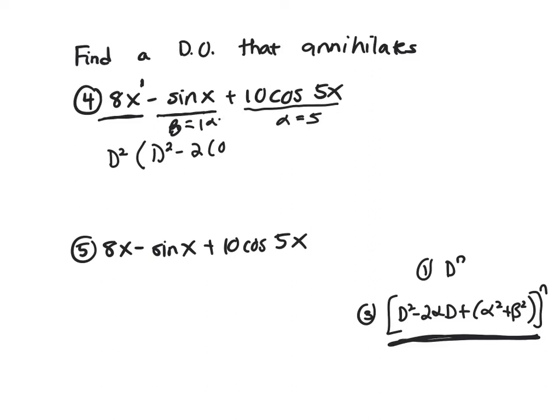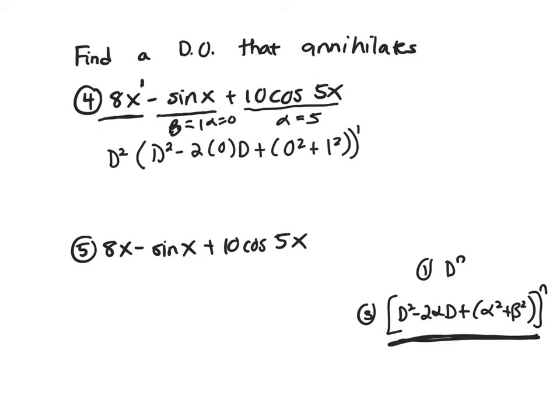Beta's 1 and alpha is 0. Alpha is 0 because you've got e to the 0x assumed in there. All right, so I've got d squared minus 2 alpha being 0, d, plus alpha squared plus beta squared. And it would all be raised to the first power because you do not have a factor of x.